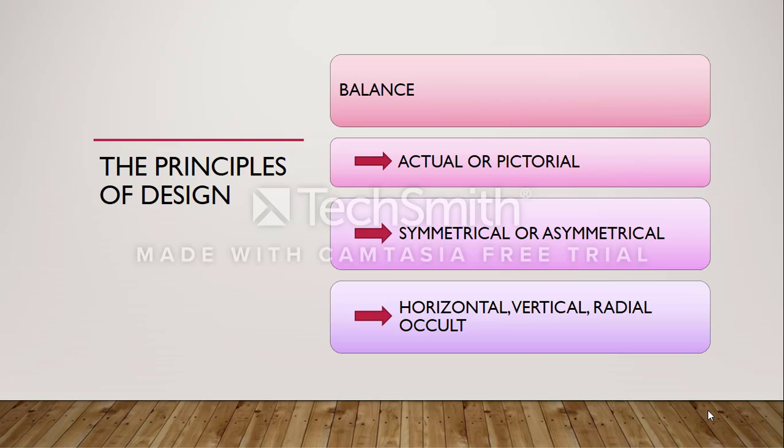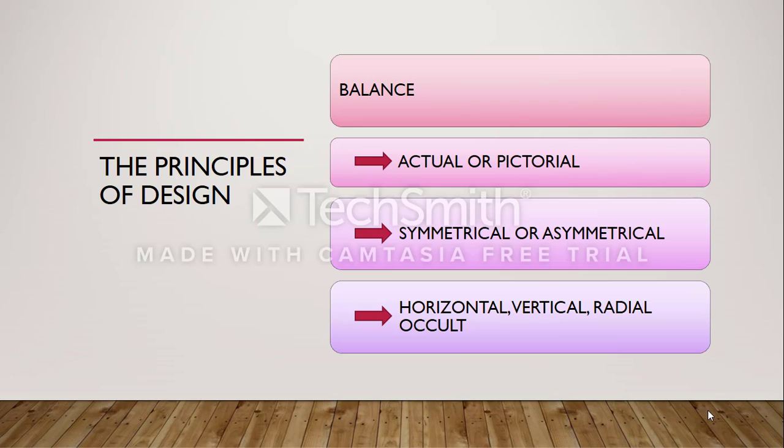For example, as in our discussion of actual or implied mass, balance can be actual or pictorial. In actual balance, an object can literally stand on its own. In pictorial balance, we are looking at the depicted balance in a two-dimensional representation.